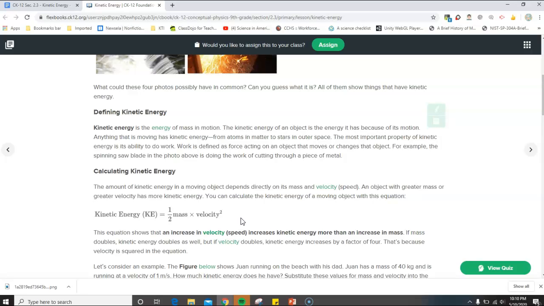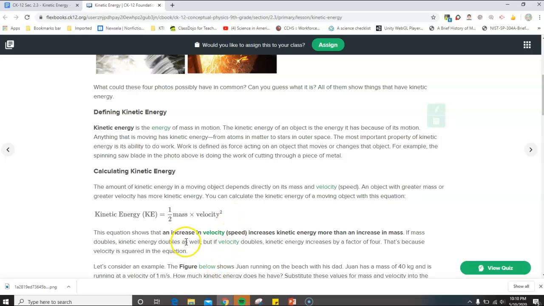This is probably obvious to you, but you may have never thought of it in this way. Something small that's moving slowly has much less kinetic energy than something large that is moving quickly. You can imagine a snail has much less kinetic energy than a running cheetah.